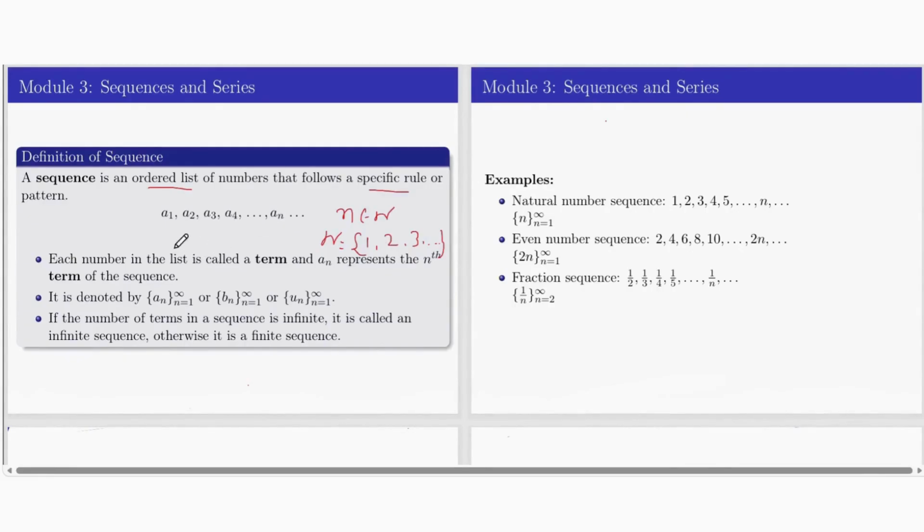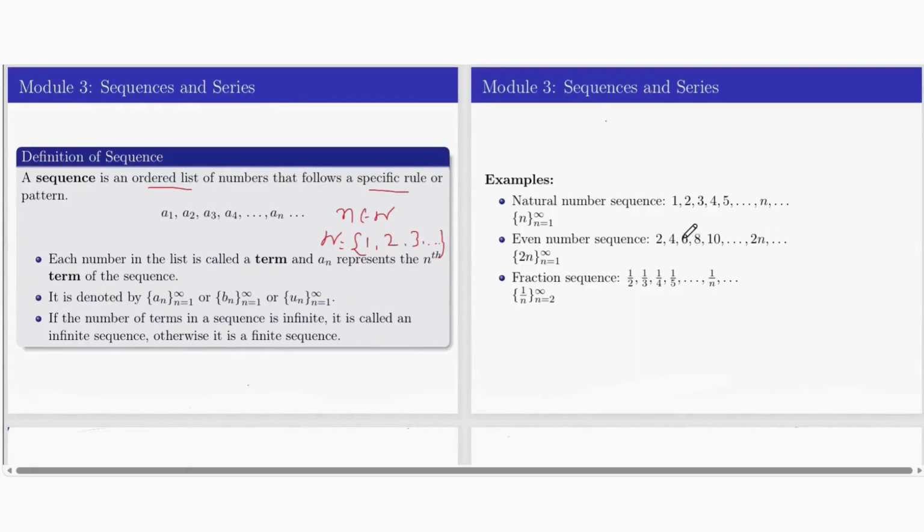Now let's discuss the definition of sequence through an example. See here, the natural number sequence. Here the elements are 1, 2, 3, 4, 5 and so on. Let's check whether this one is a sequence or not.